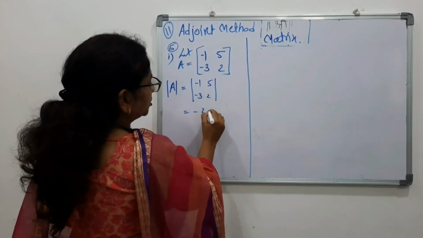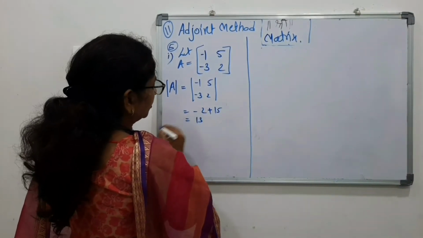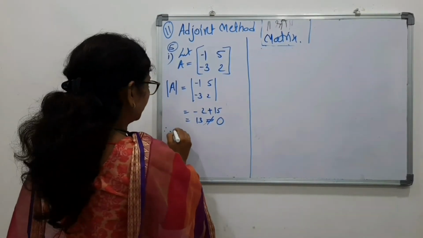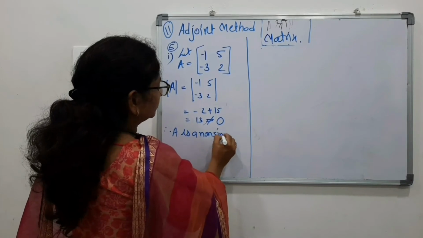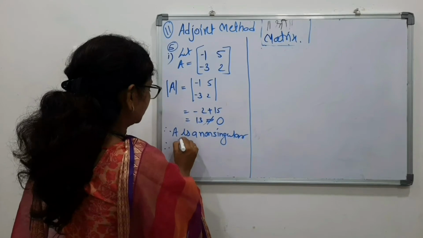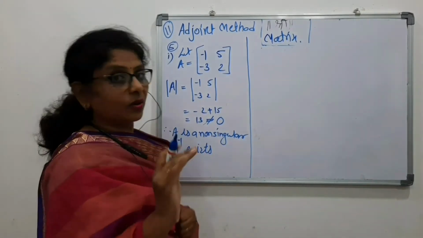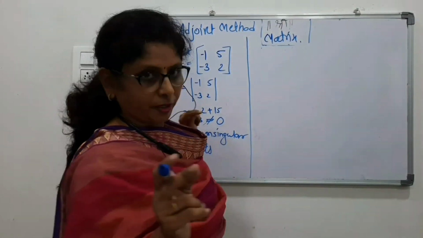Minus 2 minus minus plus 15, that is 13, which is non-zero. Therefore A is a non-singular matrix and hence A inverse exists. Before doing this we can't go ahead if we want to find the inverse of any matrix.